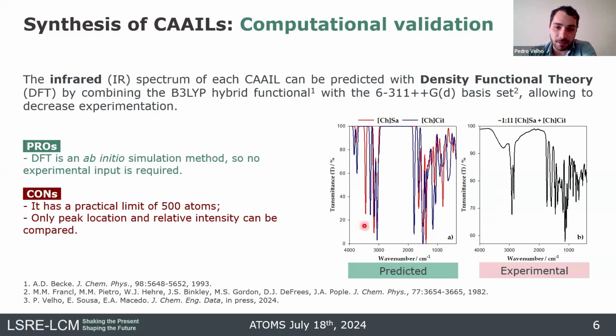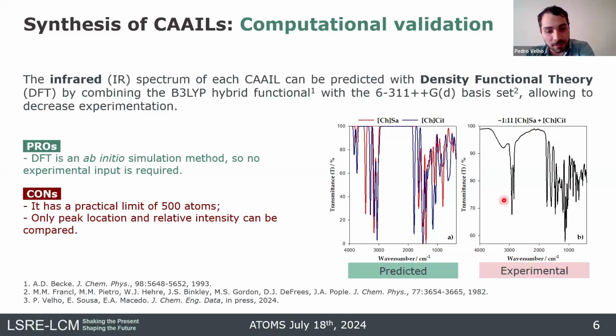For example, here you can see a particular case in which we had a mixture of choline citrate and choline salicylate. So this one is an ionic liquid with pharmaceutical activity, and here you have pretty much an organic salt. And here you can see their separate spectrum. So you can see the spectrum of each chemical in pure state.